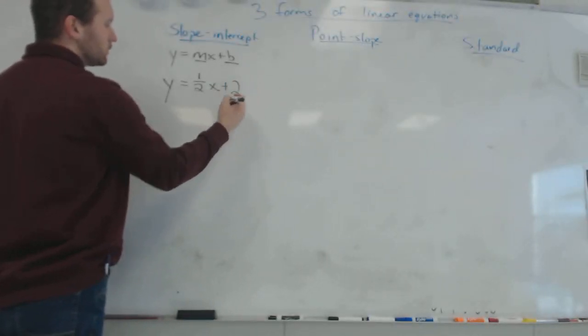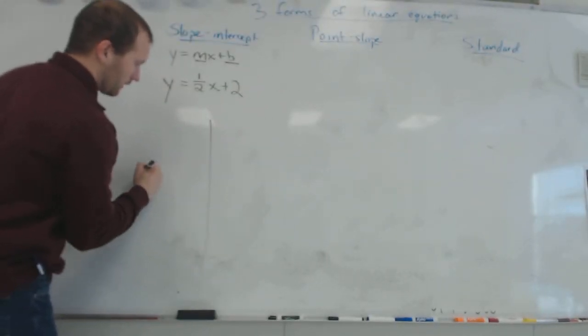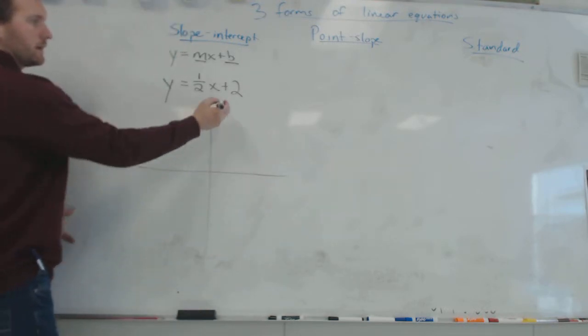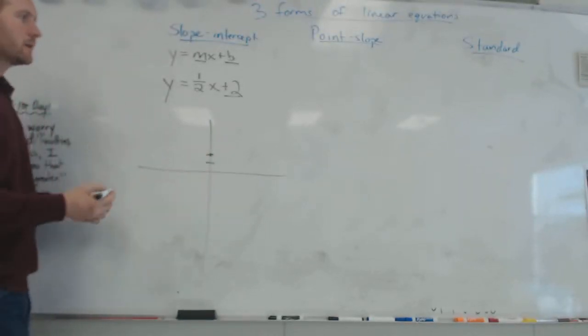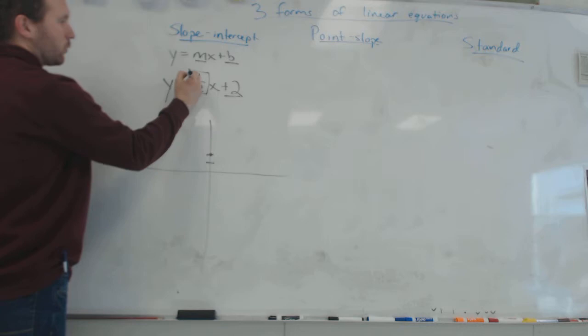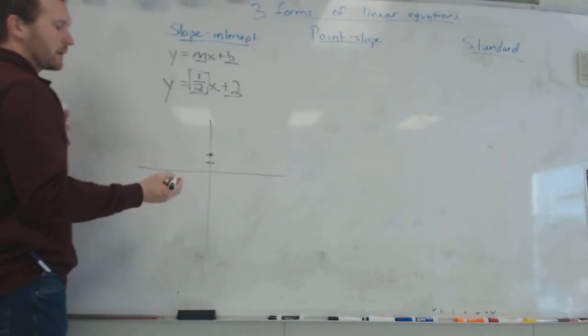And so if we have an equation like y equals 1/2 x plus 2, the way that we typically graph that is by looking at our intercept, plus 2, and making that our first point, and then using our slope, 1/2, to get the next two points.